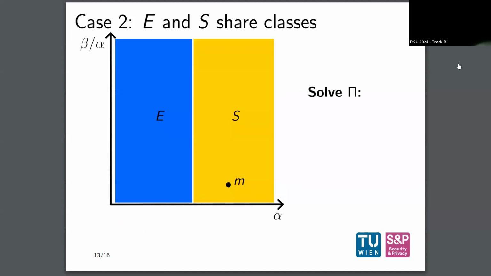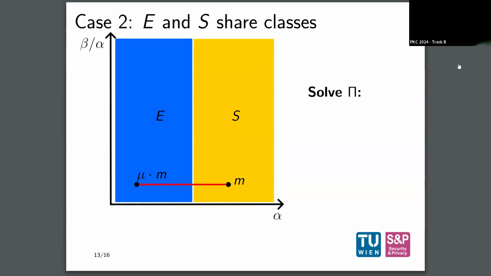So let's look at a different very special case where there is no correlation between the sets and the classes. Now, of all the classes, half of them are in the set E and half of them are in the set S. What would happen in that scenario? We can use it to solve the underlying problem efficiently. How can we do that? We just ask for the signature on the message, then use the adapt functionality to adapt it to a random message in the same class.